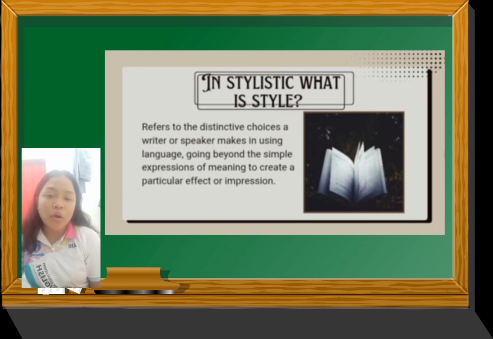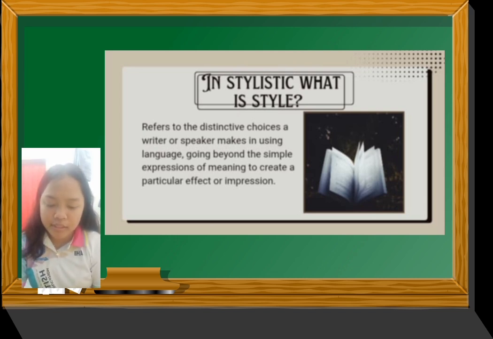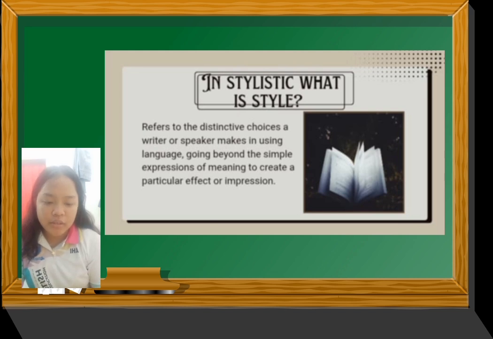When we talk about distinctive choices, it refers to options that stand out from the others due to unique and memorable qualities, characteristics, and features. A literary style is the distinctive way an author uses language, including their choices of words, sentence structure, and other linguistic features to create a specific effect on the readers.